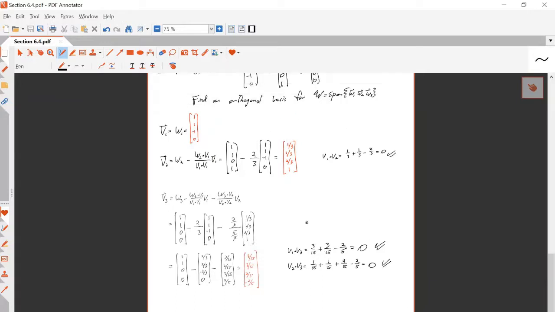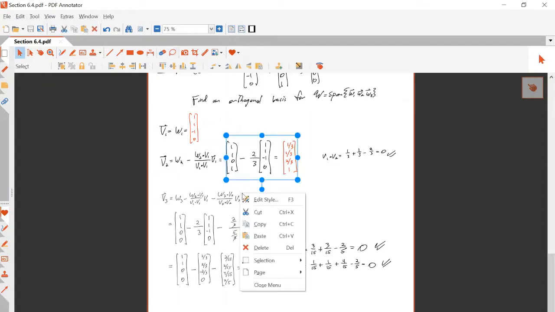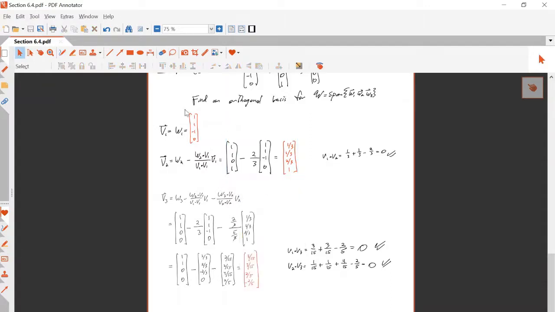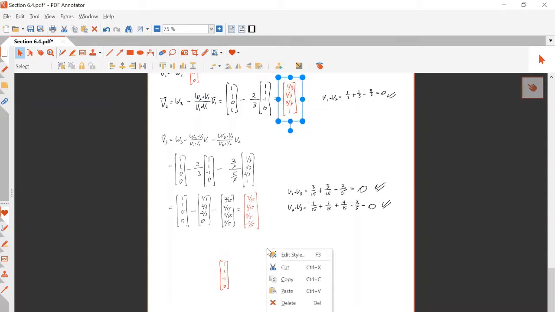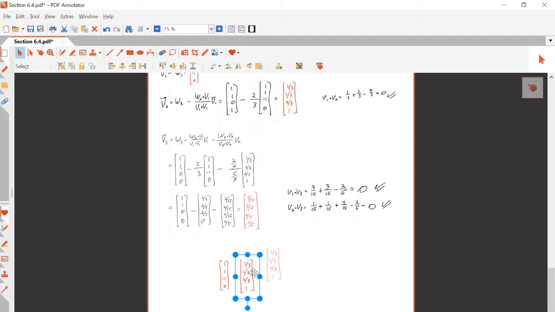Now, as you notice, there's quite a bit of really heavy-duty arithmetic going on here. It's more easily done by a computer. But if you pick a different ordering for that basis, the calculation might become easier.